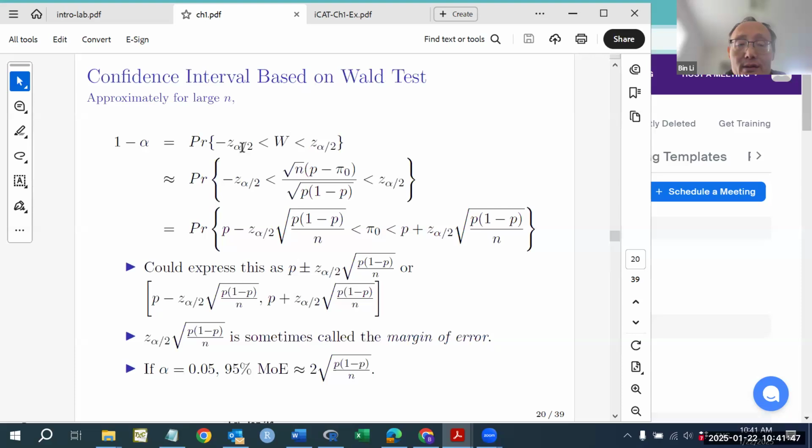Remember we have 0 counts, so p equals 0. So this one is 0. And what about the margin of error? Inside the margin of error, we have p equal to 0. So the margin of error in this case for the Wald test is 0.